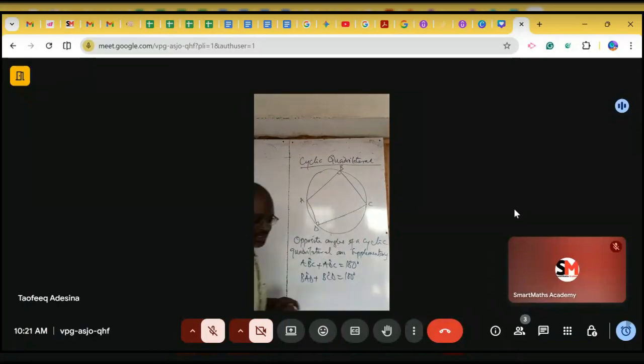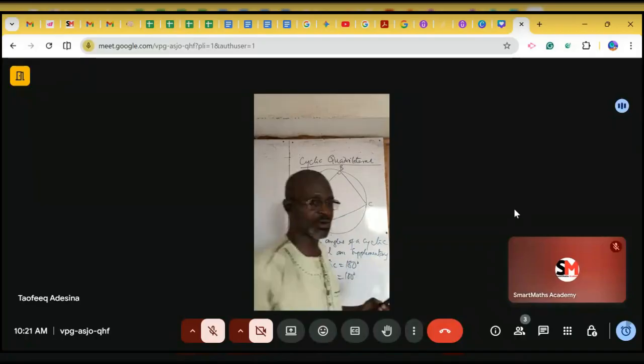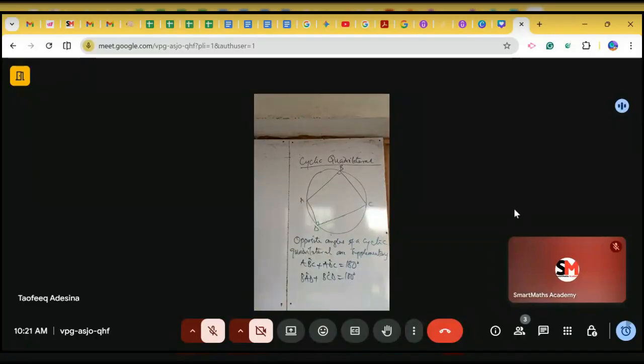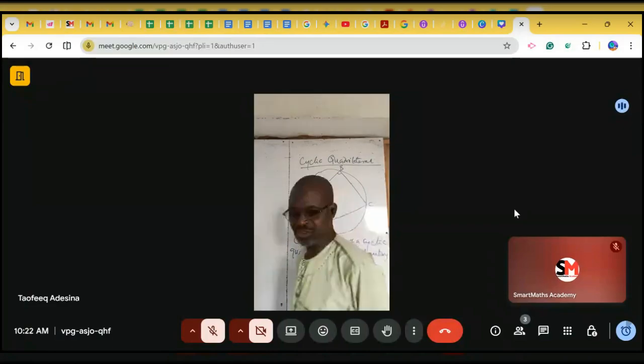Don't forget that in a cyclic quadrilateral, all the angles add up to 360 degrees. So if two of them add up to 180, the remaining two must add up to 180. That is the theorem. Opposite angles of a cyclic quadrilateral are supplementary. That is, they add up to 180 degrees. I hope that one is understood.